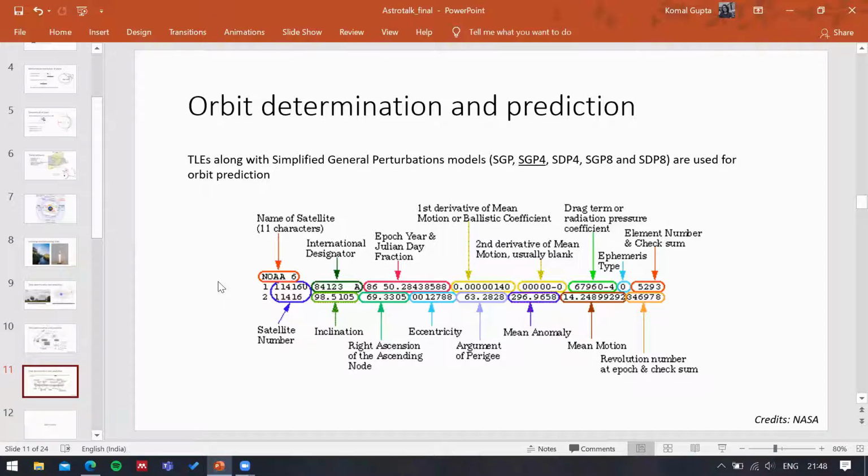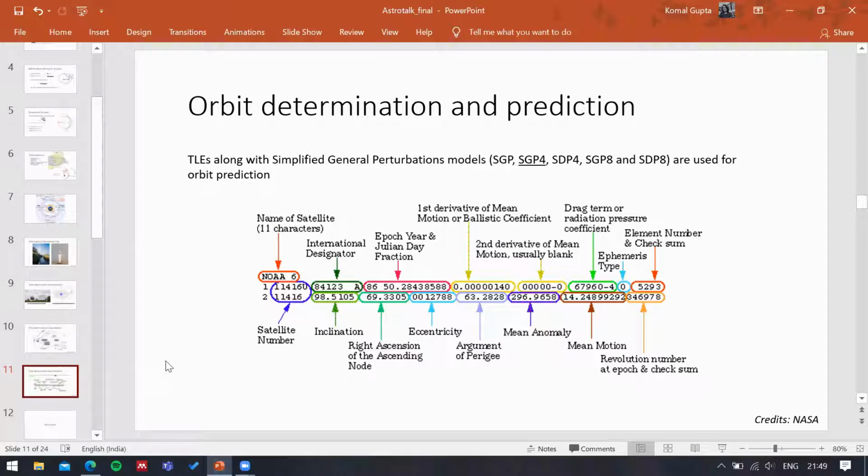So the model basically propagates the TLEs along in time, and it can predict the orbit for you at a time in the future. Not at any time, because these TLEs are only valid for a particular duration, and that depends on when they were released and the accuracy with which these values were released.